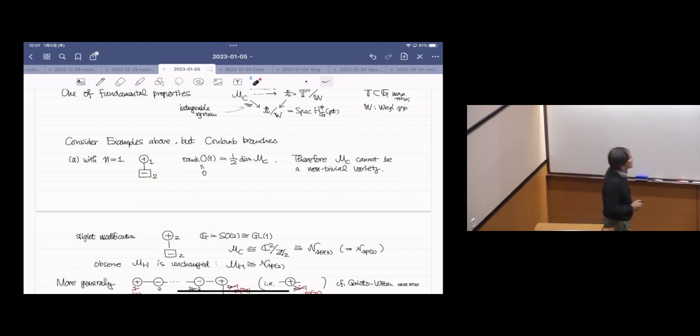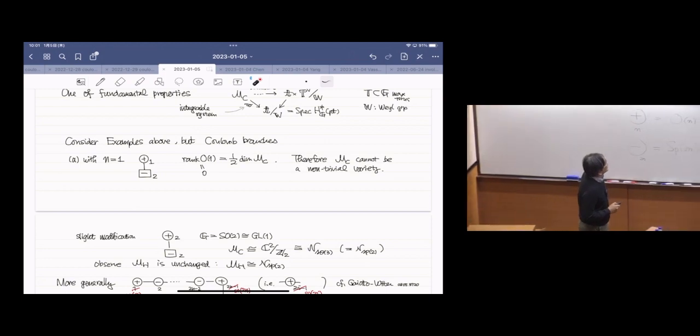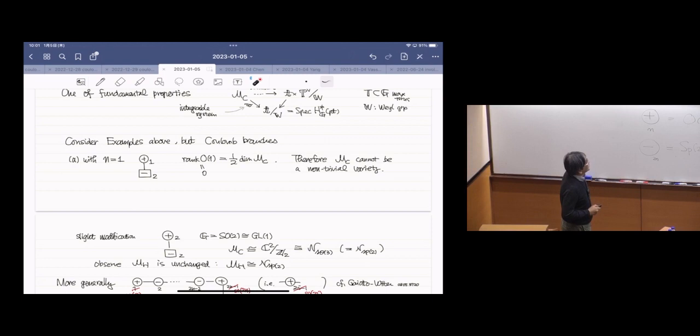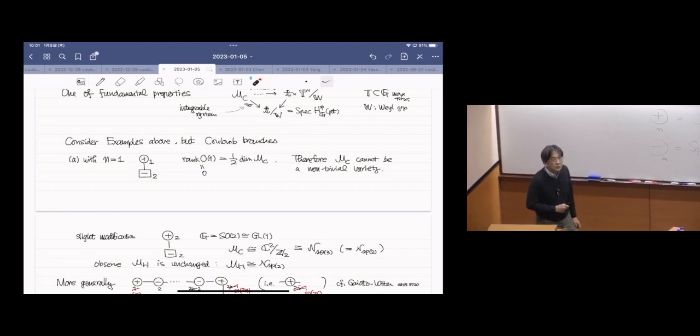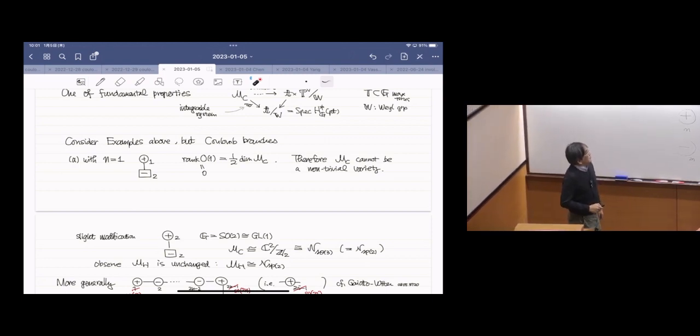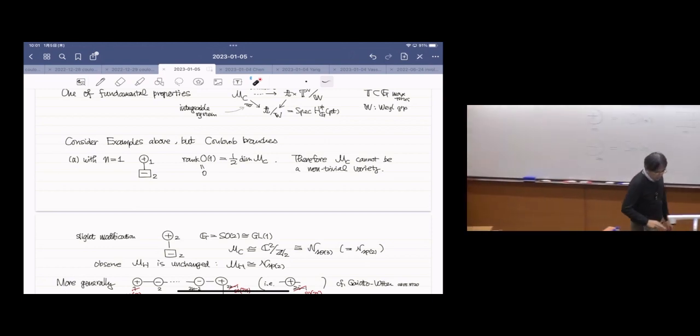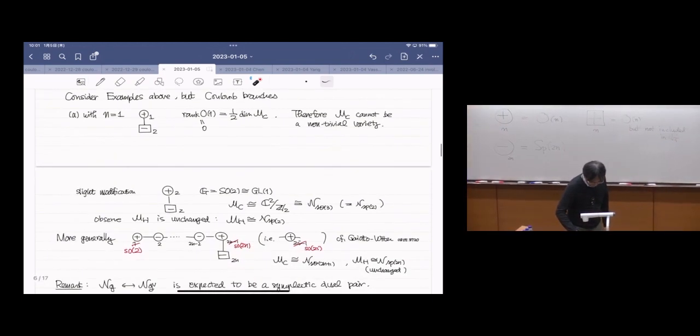Because this is a symplectic vector space, you should regard this as the nilpotent cone of Sp2. So you get N of sp2 as the Higgs branch and N of SO3 as the Coulomb branch. And you can go further.